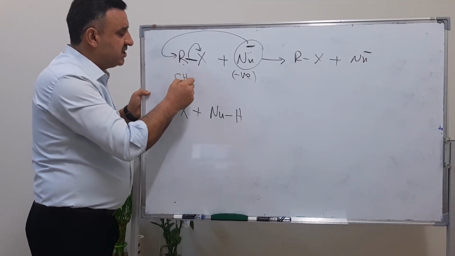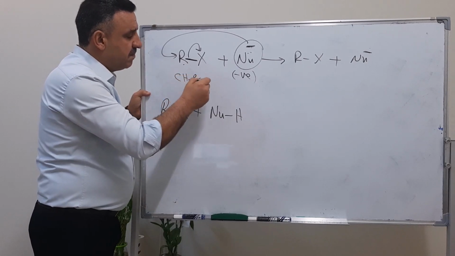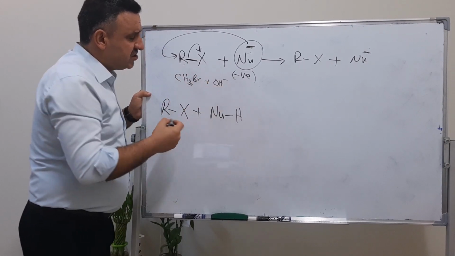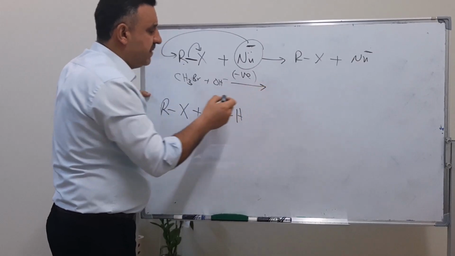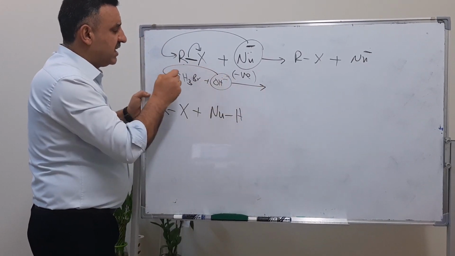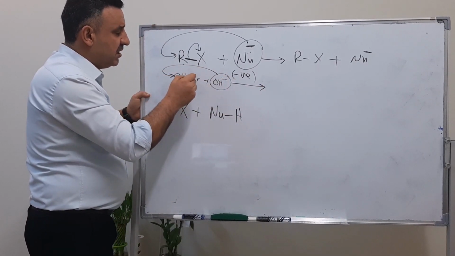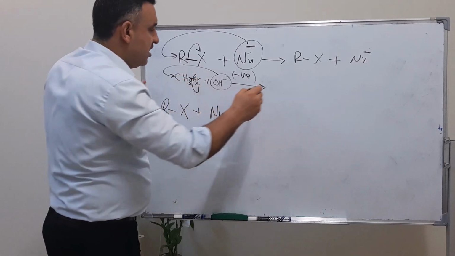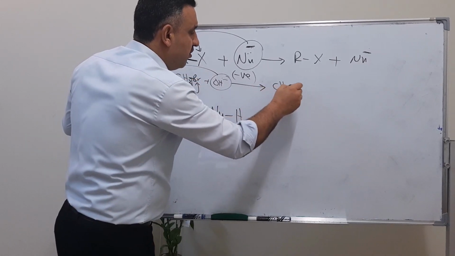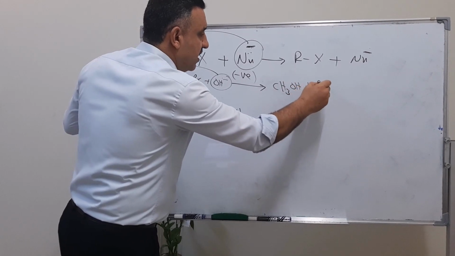Suppose CH3Br plus OH minus. The OH minus will attack the CH3 and the bonding pair will be given to the Br. So we are going to get CH3OH plus Br minus.